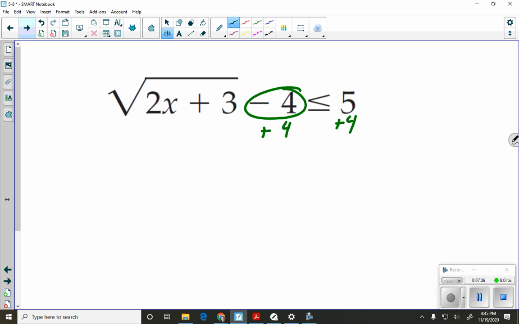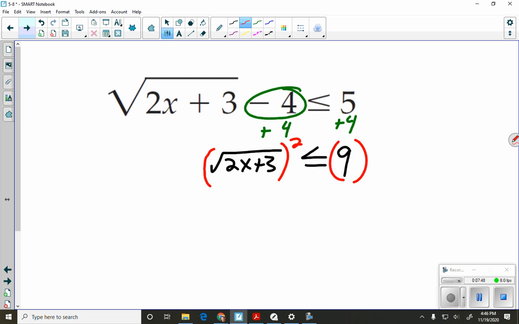So the square root of 2x plus 3 is less than or equal to 9. We're going to now square both sides. Okay, the square and the square root cancel out. That's good. The 2x plus 3 is still there. It stays less than or equal to, oops, I forgot to write the square there. Oh, goodness me. 81.